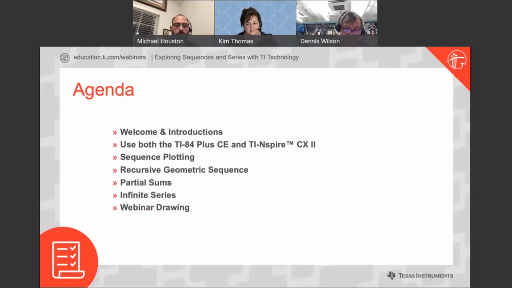We're going to look at this feature on both platforms by taking a look at the instruction of sequences across the entire curriculum. So if you're an Algebra 1 teacher, we'll be exploring that, geometry, all the way up to calculus. The things that we're going to look at are how to plot a sequence, how to do recursive geometric sequences, how to find and plot partial sums with the calculator, and then we'll even top it off with the infinite series.